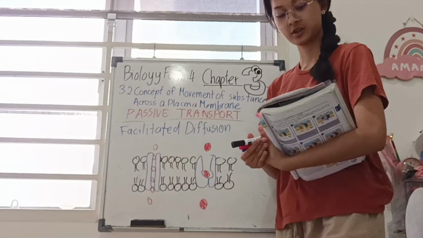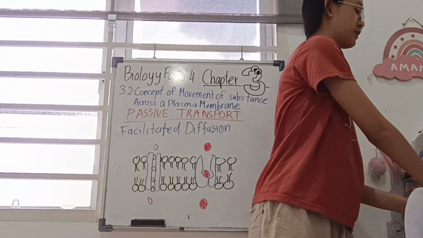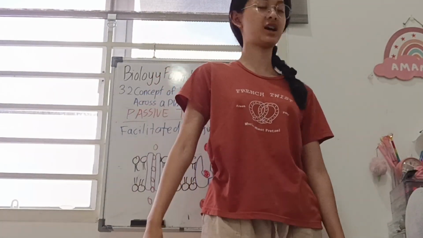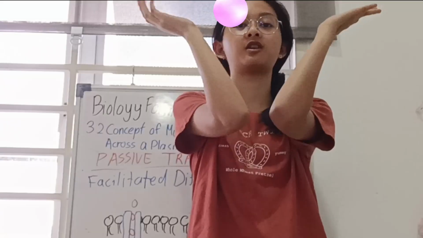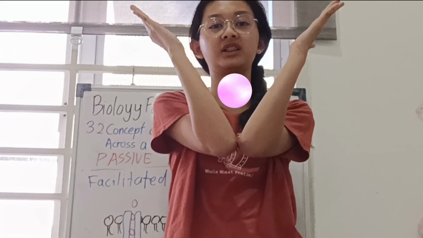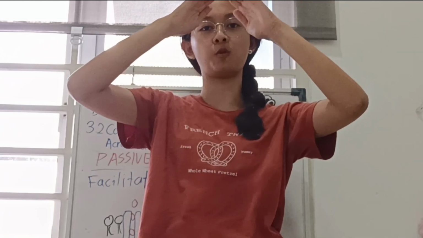So how do carrier proteins work? Like in the last video, it's a door. So let's pretend my hand is a carrier protein. It will open first, and then the molecule will go in, and then it will close, but then the inside will open.